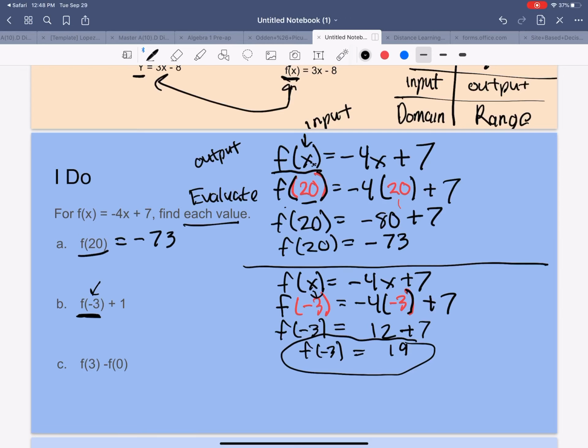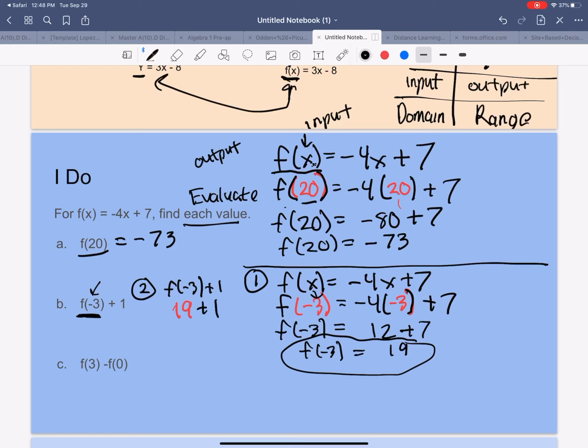If we go back to what B says, it says f of negative 3 plus 1. So I'm going to say this is step 1, step 2. We go back and we're going to substitute what we have into our expression. So f of negative 3 plus 1. f of negative 3 becomes 19 plus 1.